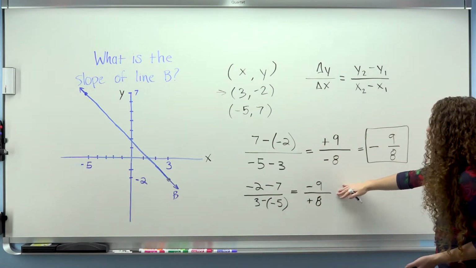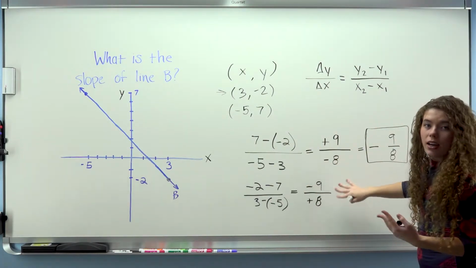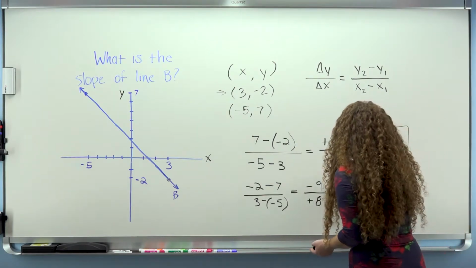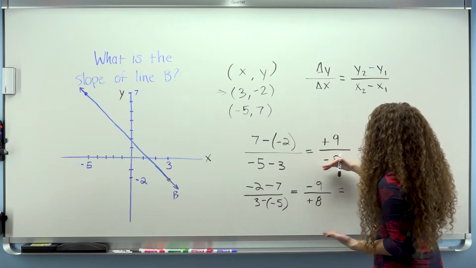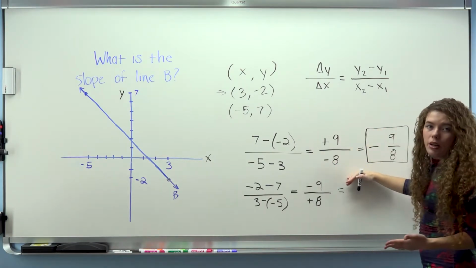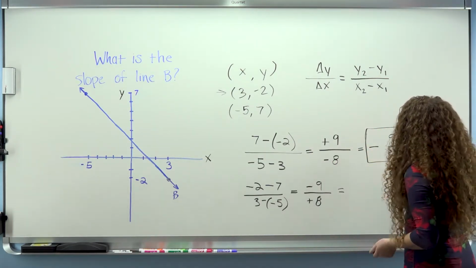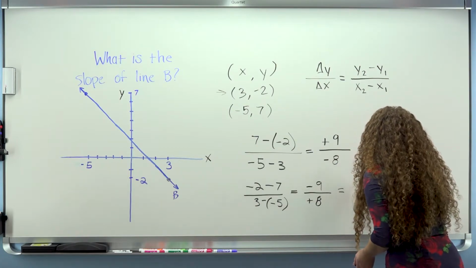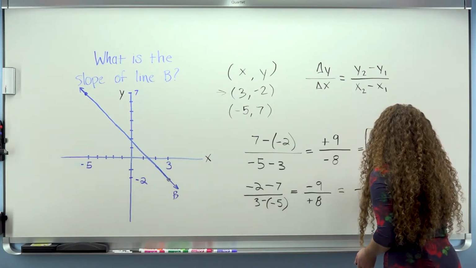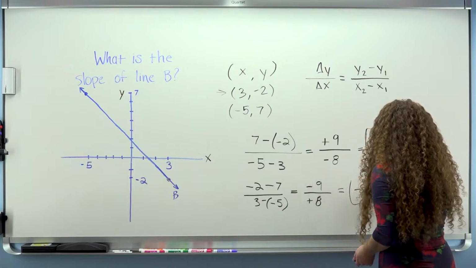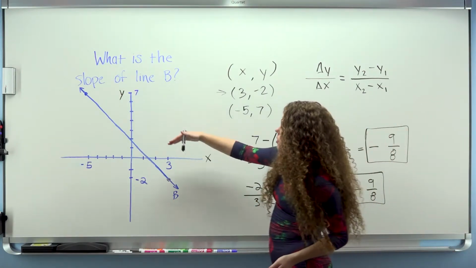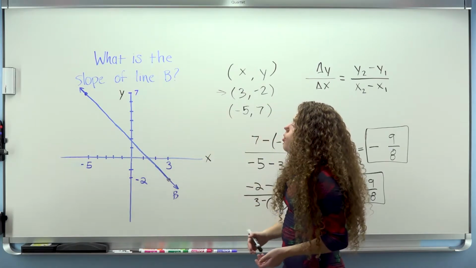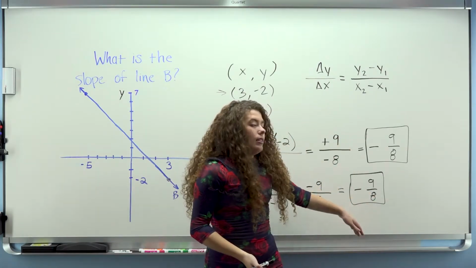But either way, just because the signs are flipped, it comes out to the same thing, because the negative sign can be on the numerator or the denominator, and it won't make a difference. So either way, both of these come out to negative 9/8. Okay? So the slope of our line B that we're given would be negative 9/8.